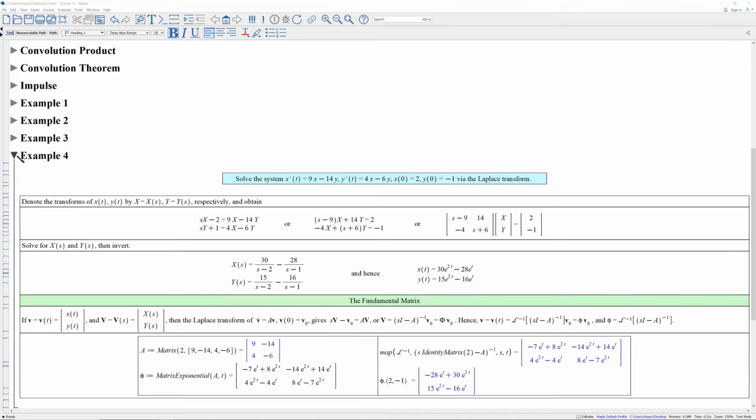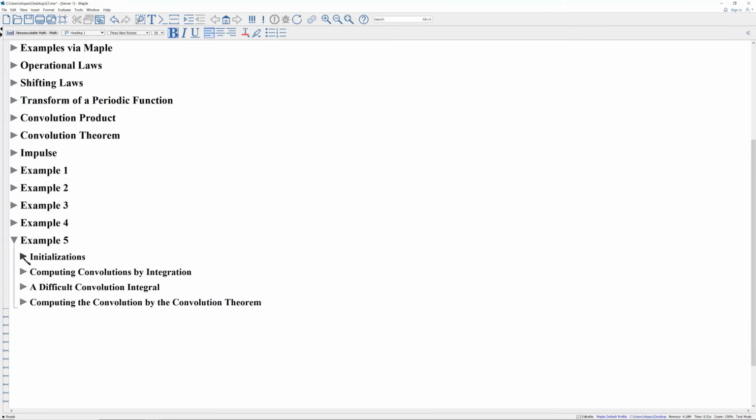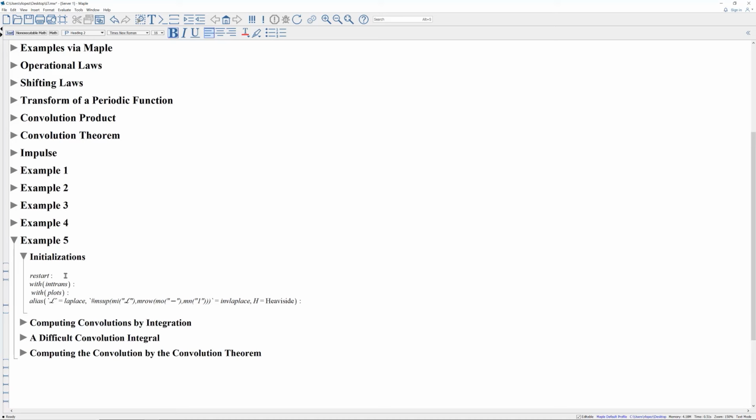Now a fifth and final example: convolution. I'm going to restart and then bring back some of the tools that I need, plotting tools and these aliases, just to have a clean slate.